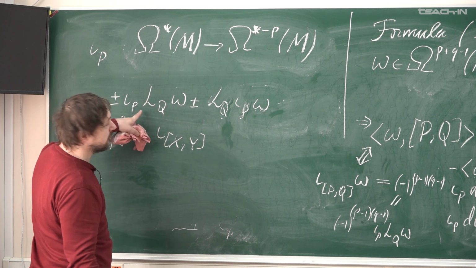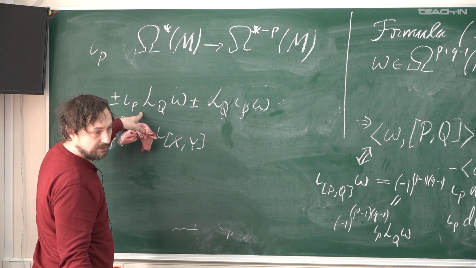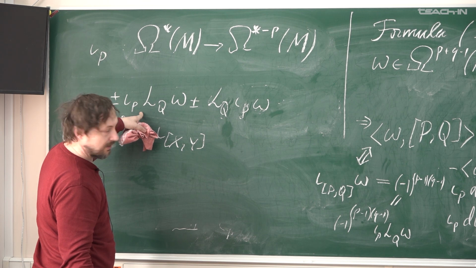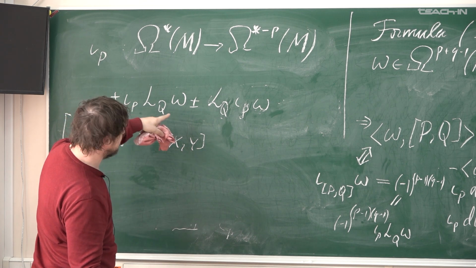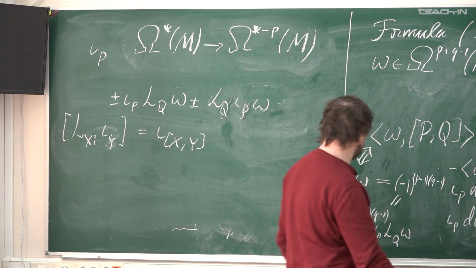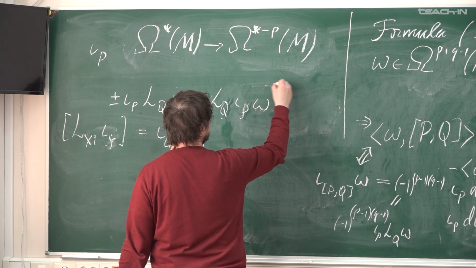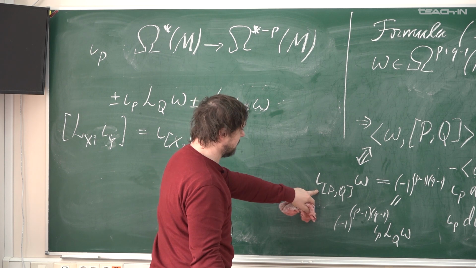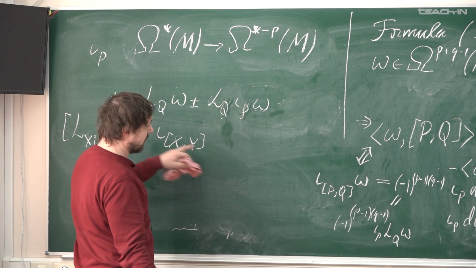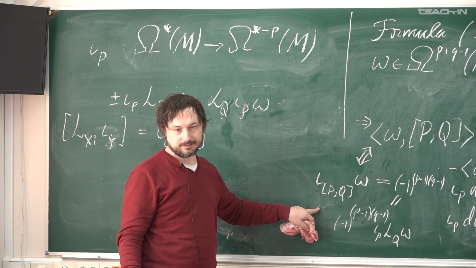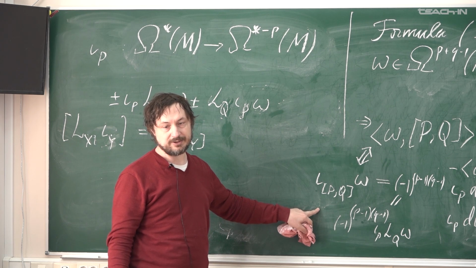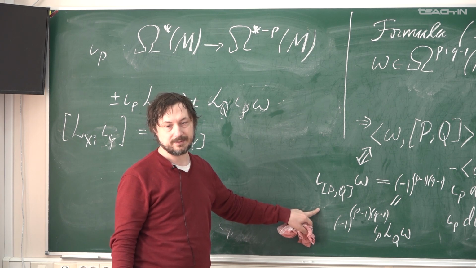And the same will appear here. The same thing will emerge here. This combination on the right, this right-hand side, will be equal precisely to the contraction with P and Q. So that's actually the proof, more or less.